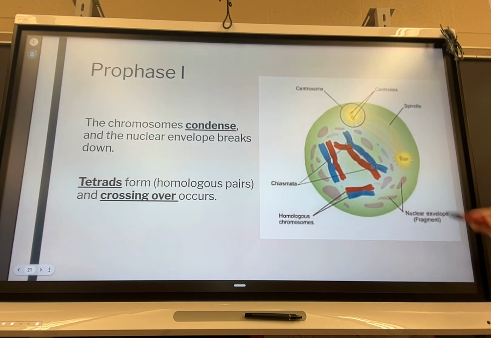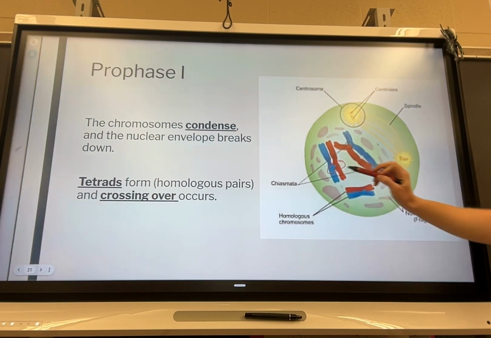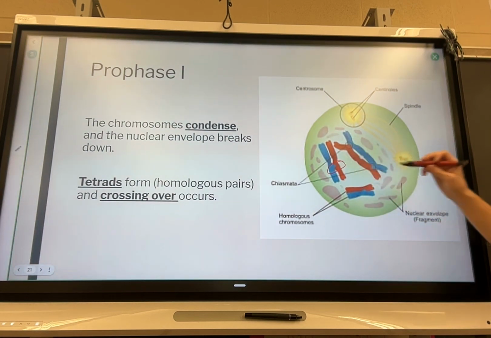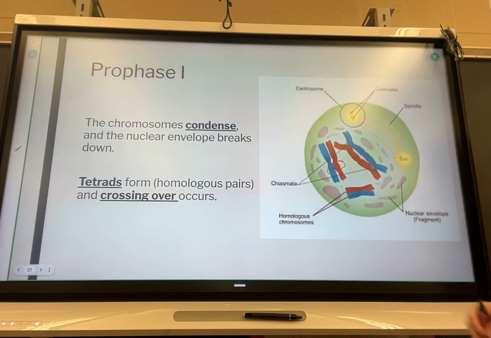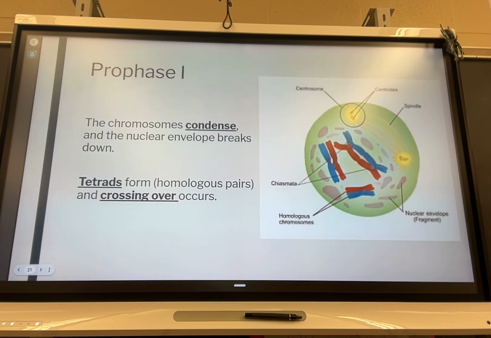As you can see in the diagram, they're kind of hugging together, and they are going to actively swap their DNA. So this is diversity checkpoint number 1.